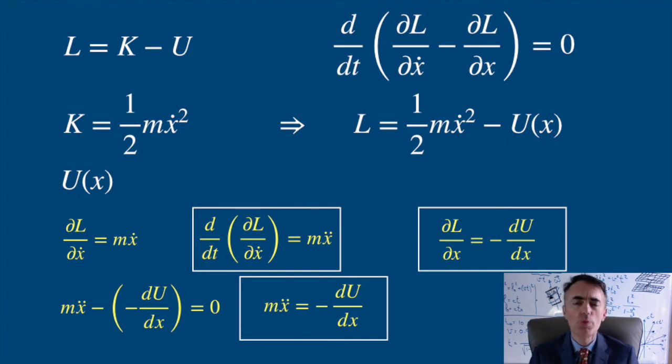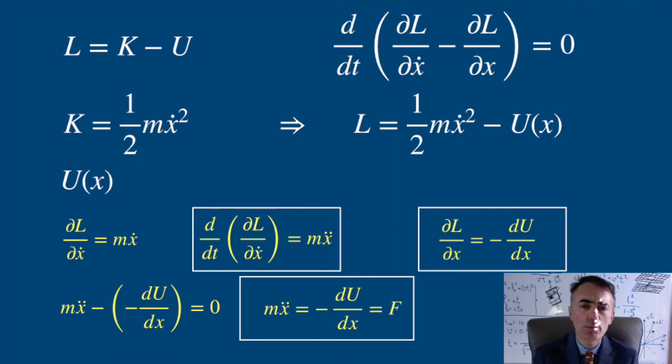Well, this we already knew, because this negative derivative is nothing else than the force related to the potential. So this is again F equals ma.